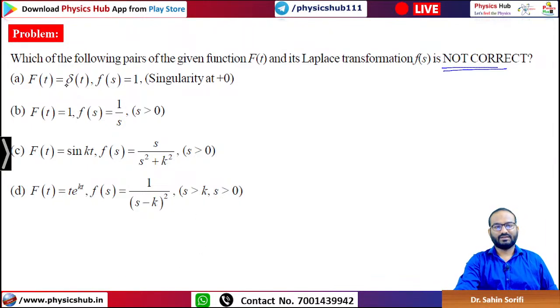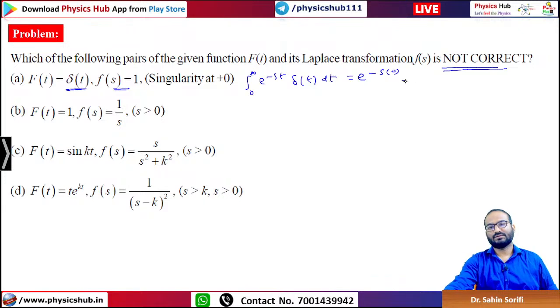Laplace transform of delta t is the integral from 0 to infinity of e to the power minus st delta t dt. So this is e to the power minus s times 0, so e to the power 0 is 1. So the first statement is correct. What about the second? Laplace transform of 1 is 1 by s, that is also correct.